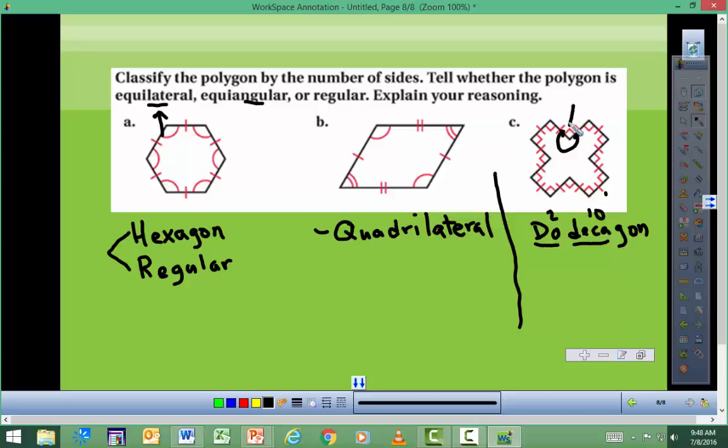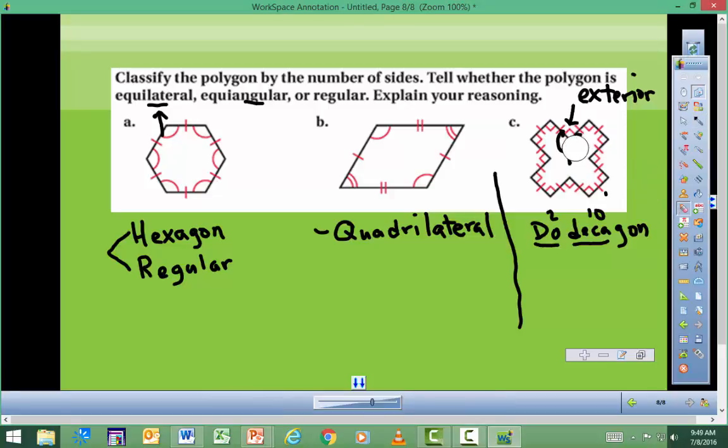That's an exterior angle. And so what we'd say is that the exterior angle there is 90 degrees, but the interior is actually 270 degrees.